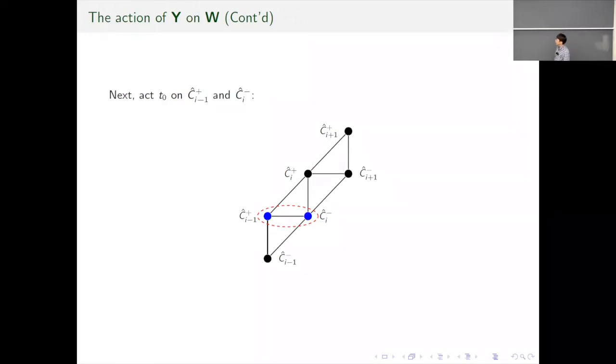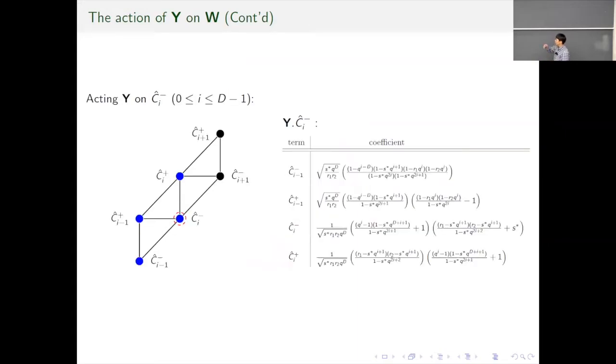And then we apply T0 to each vector, then T0 acts vertically. So we have this. So when we apply Y to ci minus, we have 4 terms with coefficients. When we compute explicitly, the coefficient of the ci vectors is this.